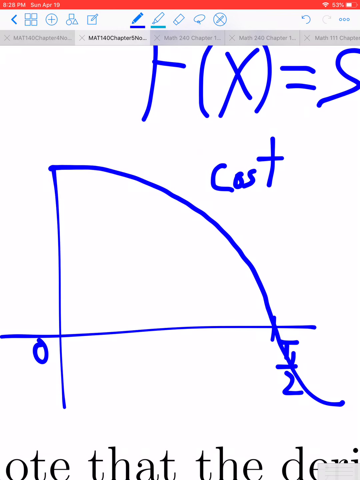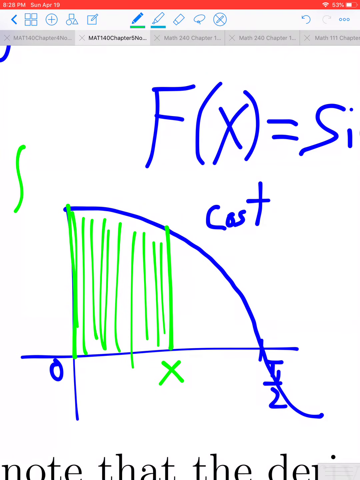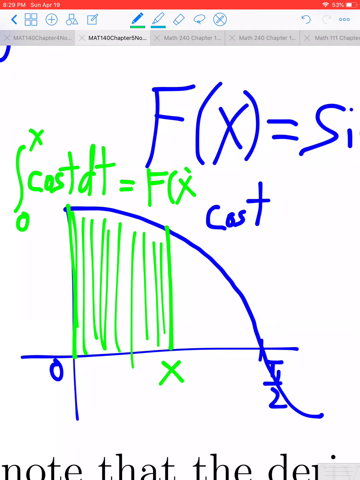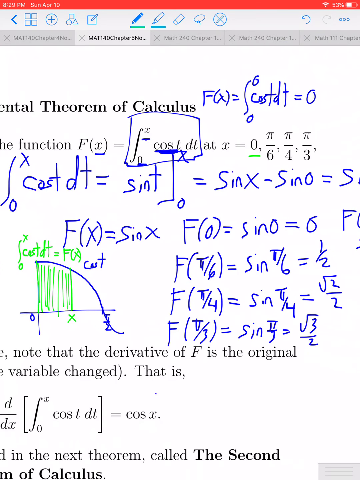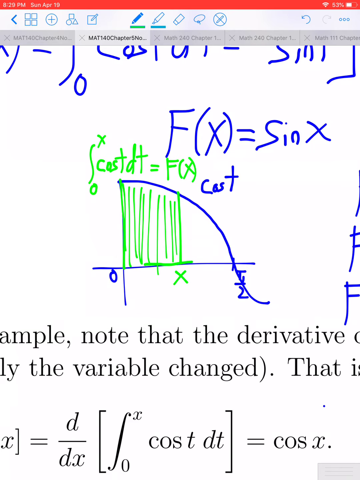The area under that curve from t equals 0 to some unknown x value, let's call it x, would be represented by the definite integral from 0 to x of cosine t dt, which we're defining to be capital F. Notice that if you look at the sequence of inputs that we plugged into this function, 0, pi over 6, pi over 4, pi over 3, up to x equals pi over 2, these are values of x that are increasing, going further to the right.